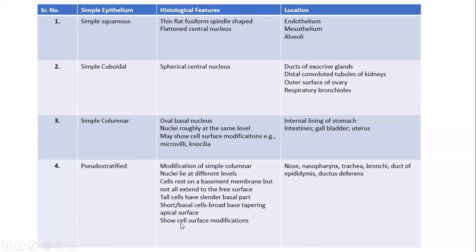So it will also show cell surface modifications like villi, microvilli, kinocilia. This type of peculiar epithelium can be found in the upper respiratory tract and in the male internal genital organs like the epididymis and ductus deferens.